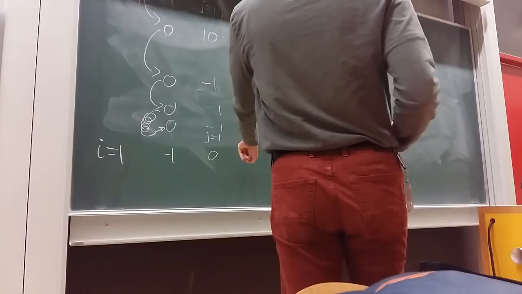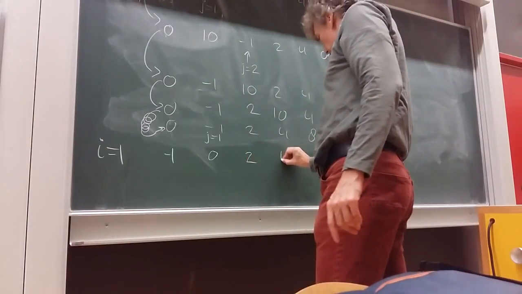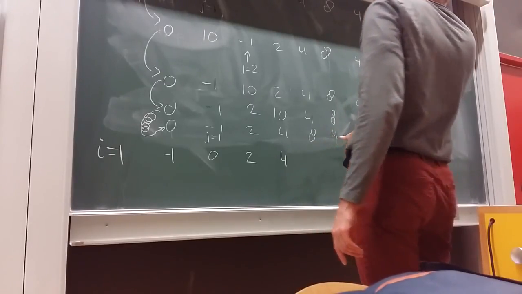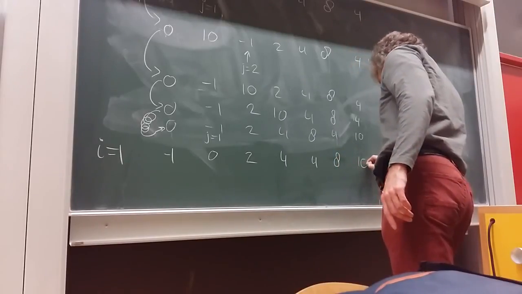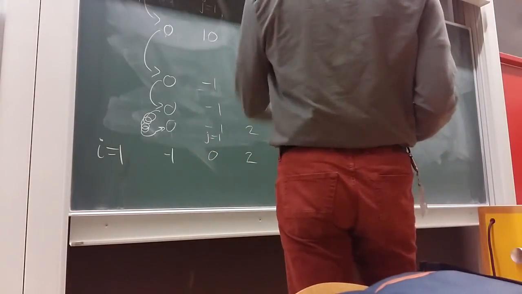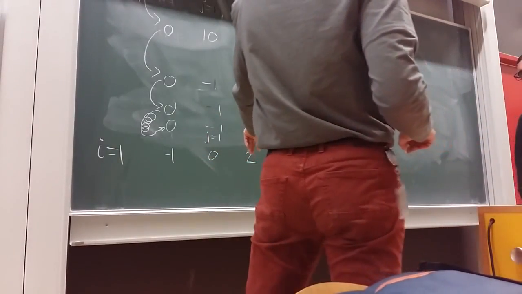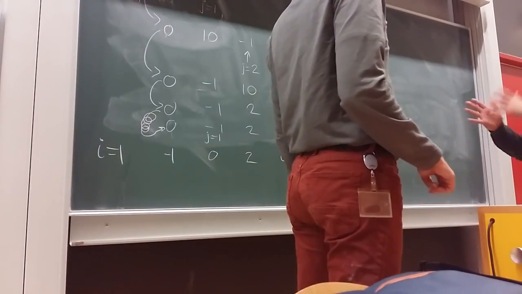No. 2 stays, 4 stays, 8 stays, but it has to swap with 4. Now this is going to look a couple more times, but every time the second one is larger than the previous one, so it doesn't swap anymore. And that's how it goes.